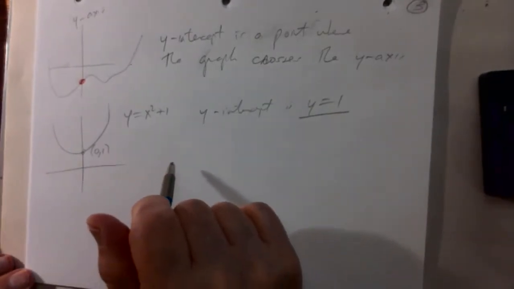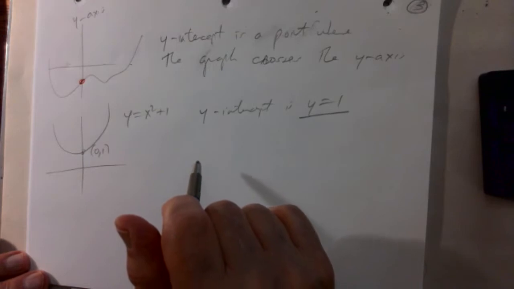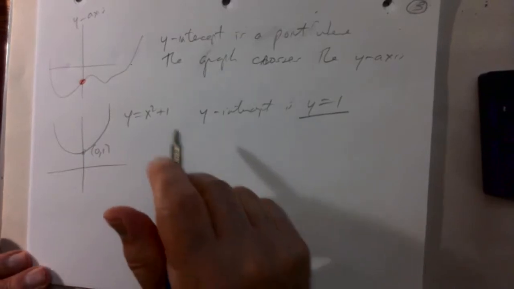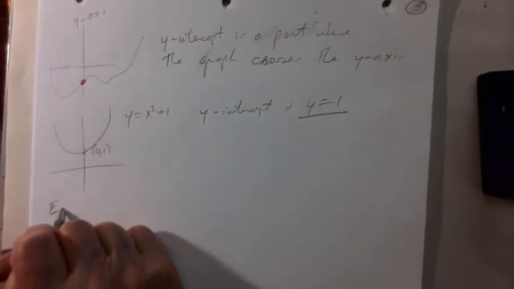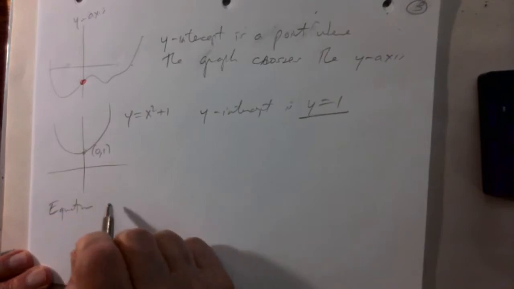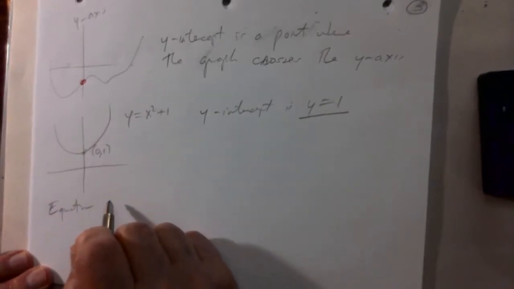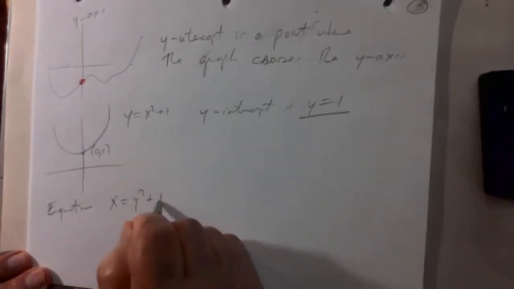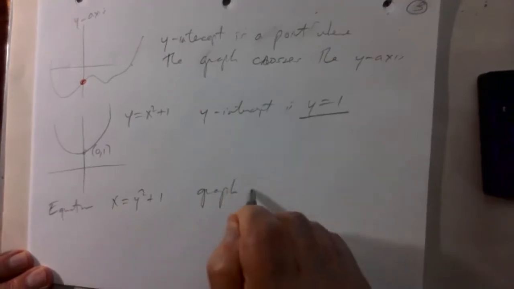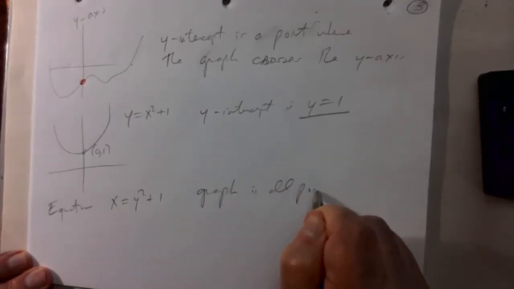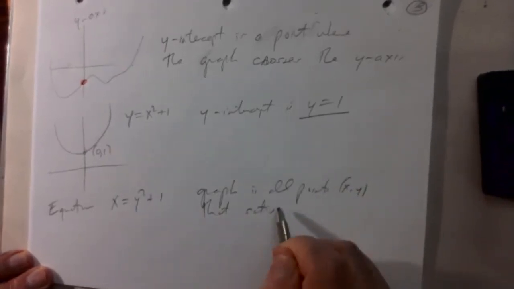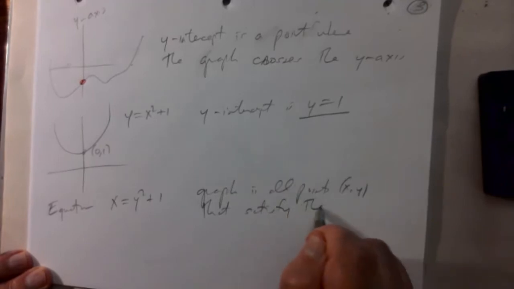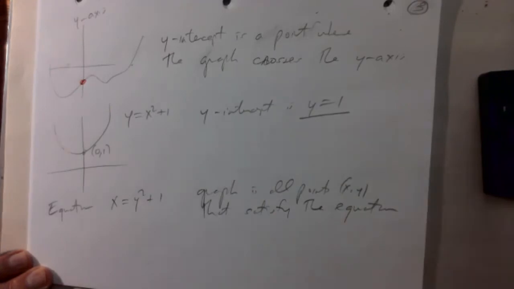Now, we can look at graphs of functions or graphs more generally. Suppose we had the equation, instead of y equals x squared plus 1, suppose it's x equals y squared plus 1. And the graph is all points x, y that satisfy the equation.